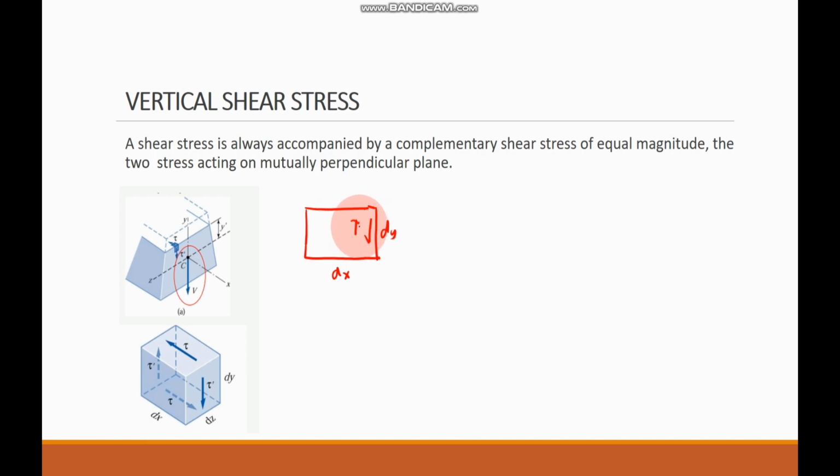So, ito yung vertical and this is the horizontal. So, another one we have here, horizontal shear stress. And then another vertical shear stress and a horizontal shear stress. So, this is the stress diagram.